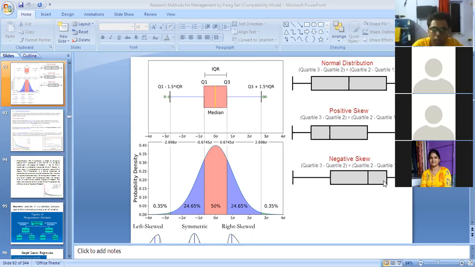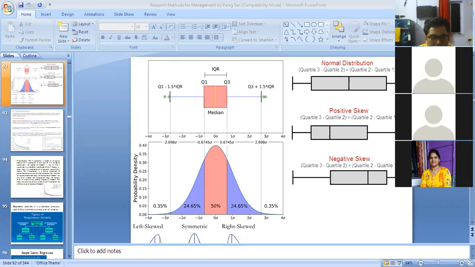So you can definitely understand from your box plot how your data is distributed and how close it is to being considered a normal distribution.